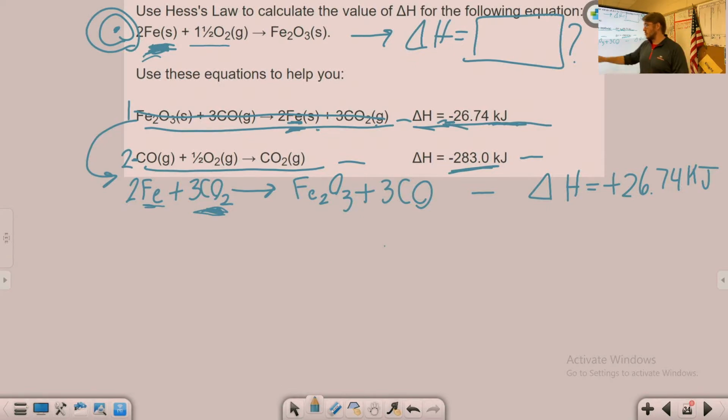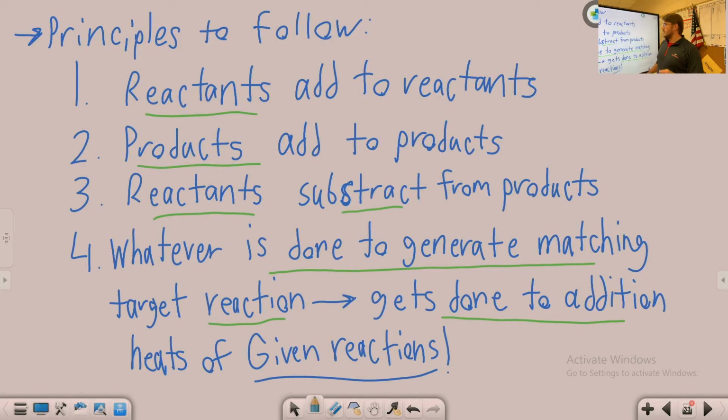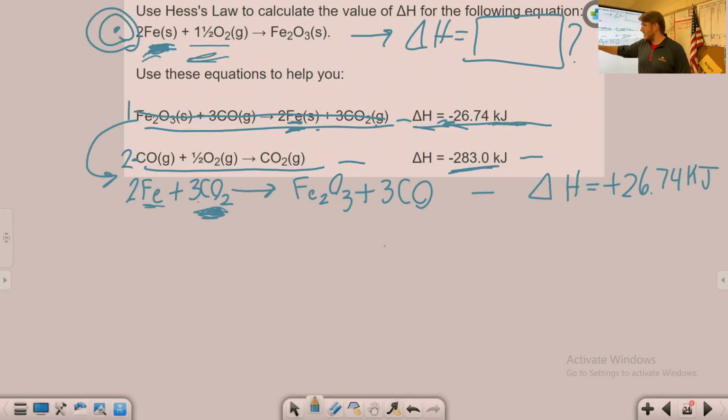But that also resulted in the reactant side having 3 CO2 when we add. Wait a minute, there are no 3 CO2 on the reactant side of the target, which means they had to cancel. How can they cancel? Well, reactants can subtract from products. So when we add these reactions together, if there's a reactant CO2 and a product CO2, they'll subtract from each other.